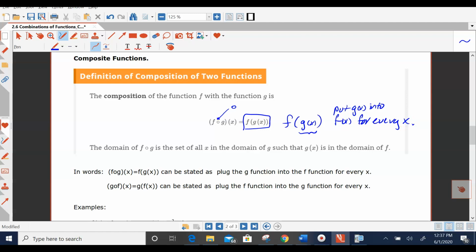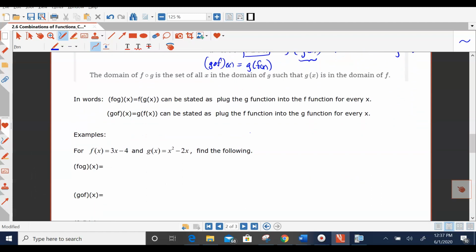It may be the situation where you have g circle f of x. So the notation would be g parenthesis f parenthesis x, which means I would put f of x into the g of x function for every x. So I've written that down right here.